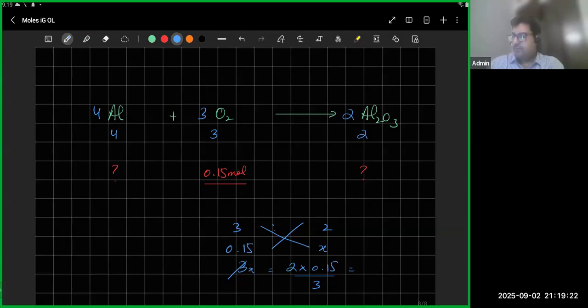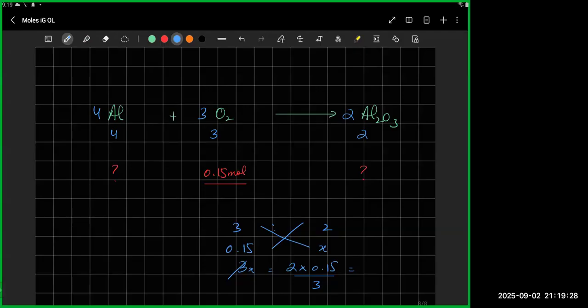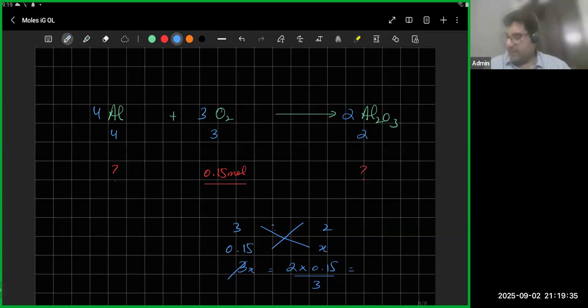What's 2 times 0.15? 0.1? You're getting 0.1, right? So that means this is 0.1 moles.